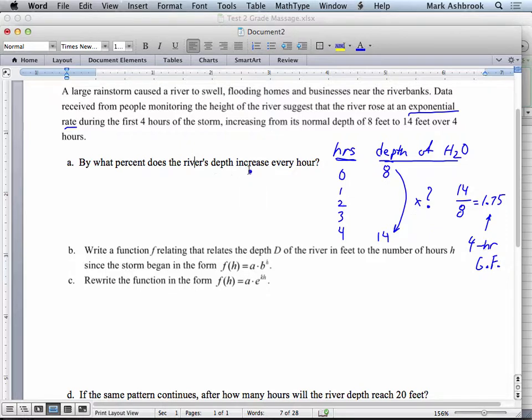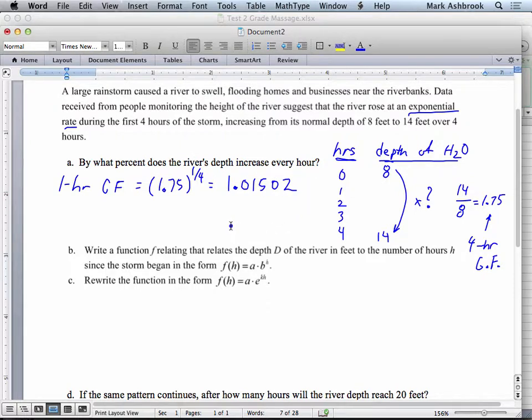If you want the percent increase per hour, then you need the 1-hour growth factor, which would be 1.75 to the 1/4. And I think you get 1.01502. Do I remember that correctly?